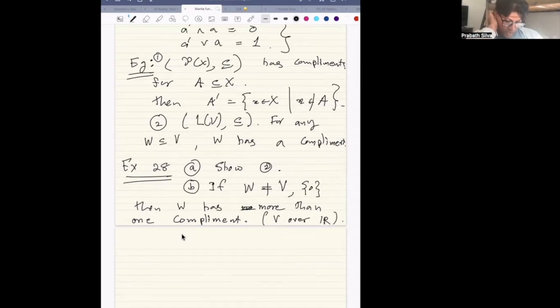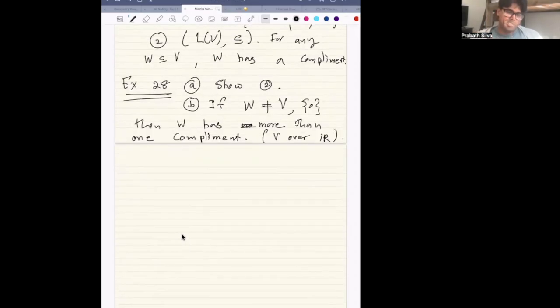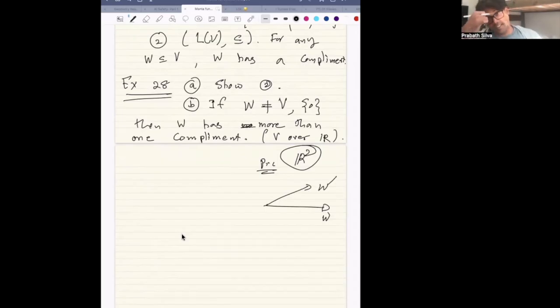So the picture is this. The idea is we take, let's say in the case of R2, this is your element, this is your subspace W, and let's say W is the x-axis, and you can take W prime to be the y-axis.